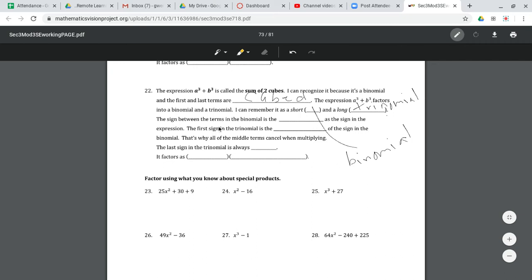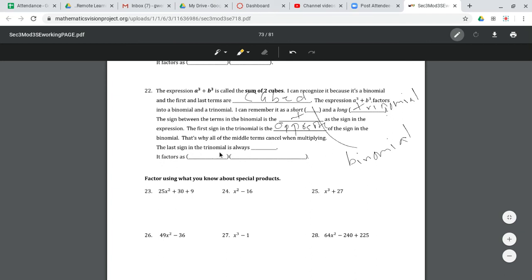The sign between the terms in the binomial is addition, as the sign in the expression. The first sign in the trinomial is the opposite of the sign in the binomial. That's why all of the middle terms cancel when multiplying.